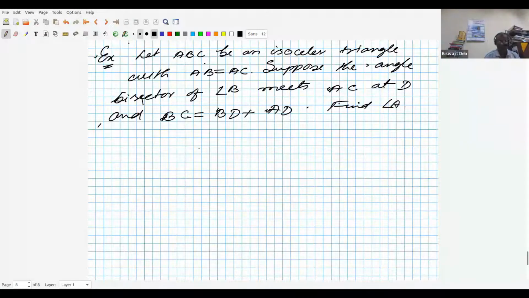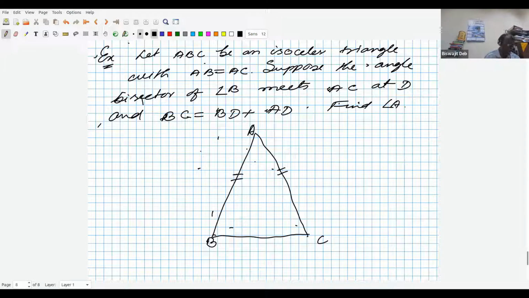Let us draw a representing diagram. So we have an isosceles triangle here, like this. This is A, this is B, this is C. What we are given is that these two sides, AB and AC, are equal.